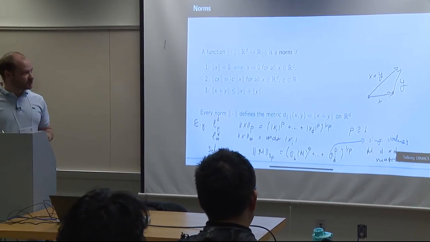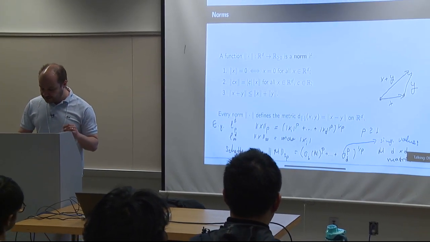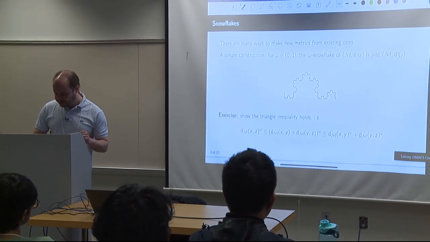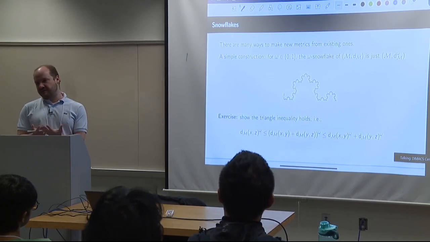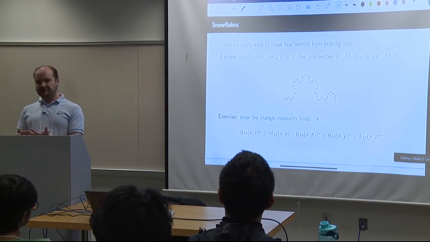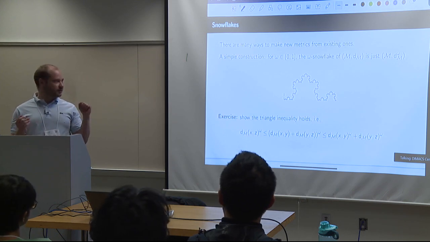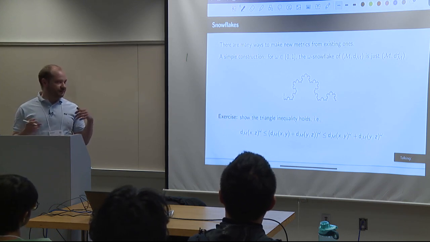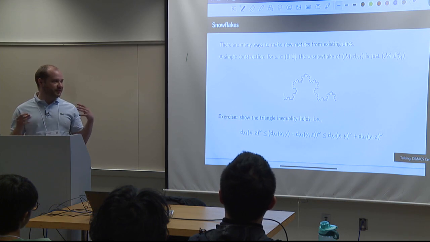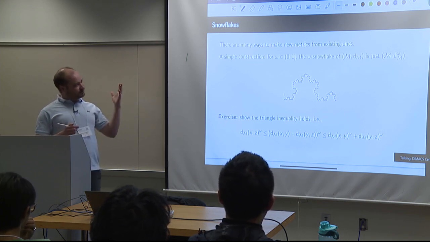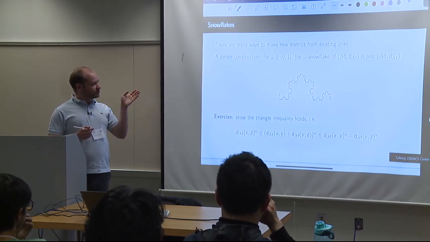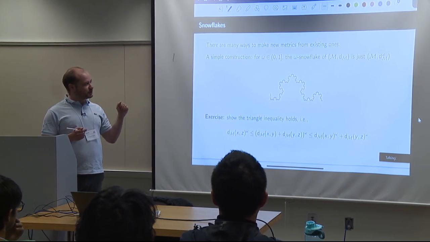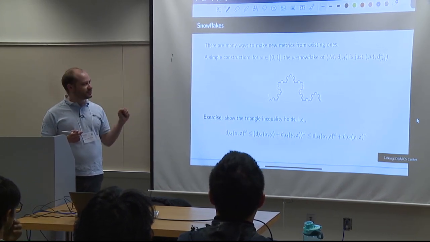All right, so these are the basic objects that I'll talk about. Let me mention one more simple thing that will be useful. So there are many ways to take metrics and derive new metrics from them. I won't really mention any of the constructions except one here, which is a very simple construction. It has some connection to these nice fractal pictures.